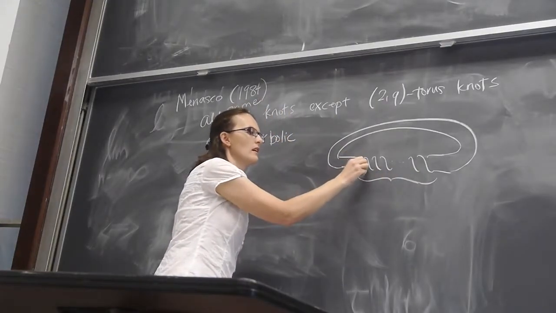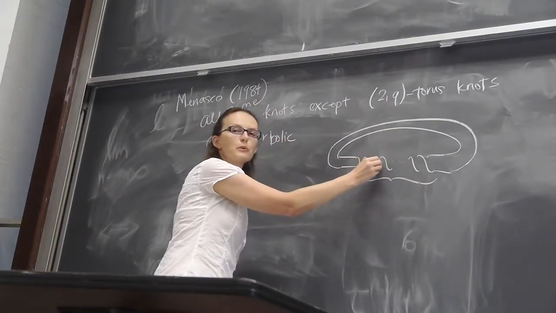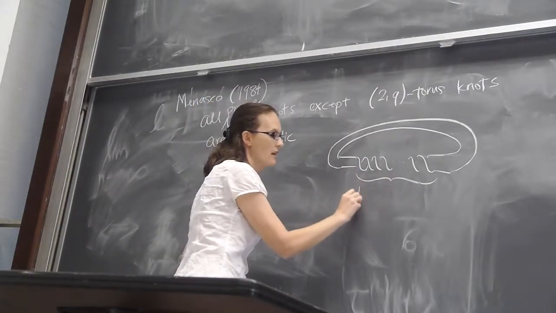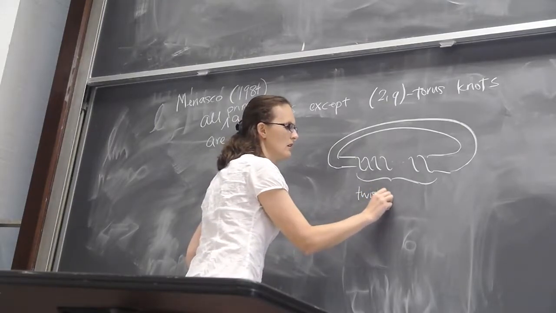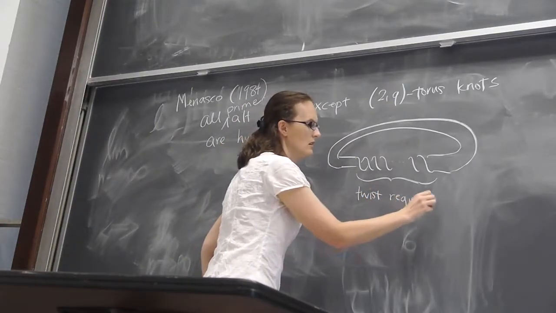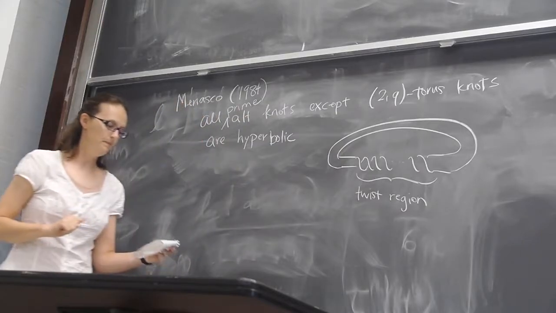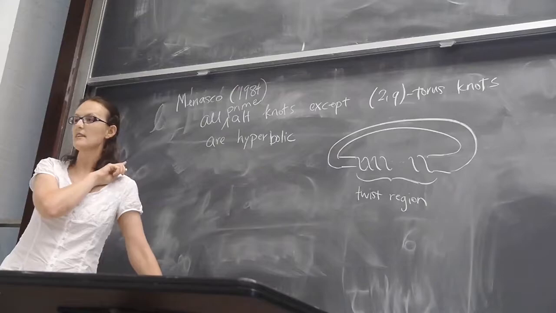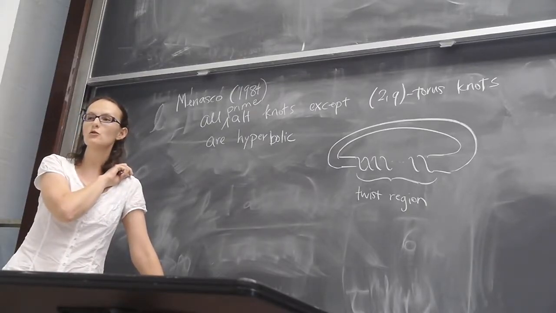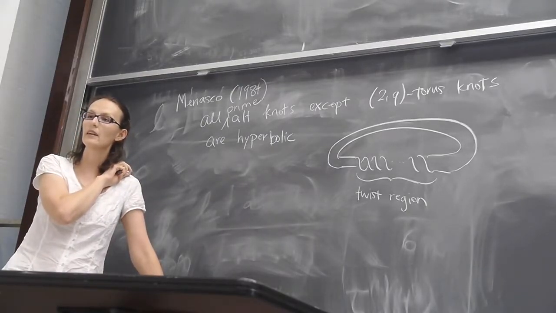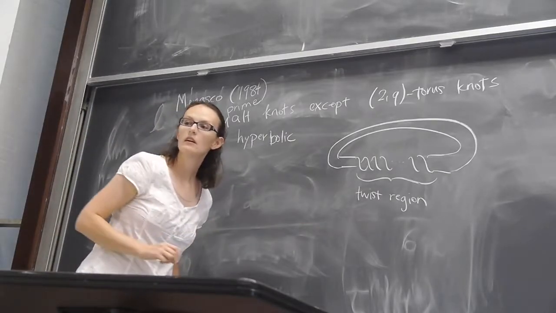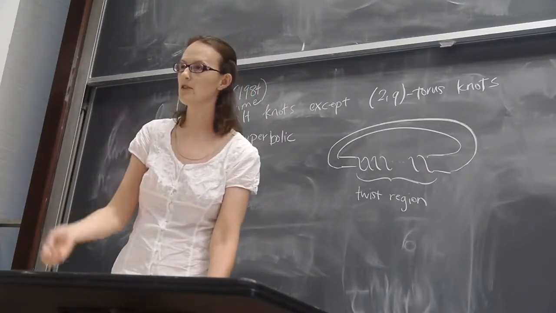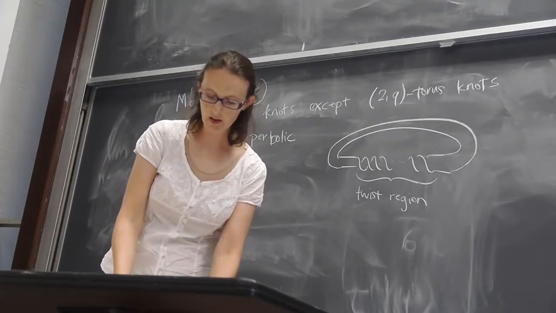You can see these are all bigon regions in this diagram graph. This is called a twist region of the diagram. And what Menasco's theorem says is, if you have at least 2 twist regions, then your knot is going to be hyperbolic. We're going to see that twist regions encode a lot of the hyperbolic geometry of an alternating knot.